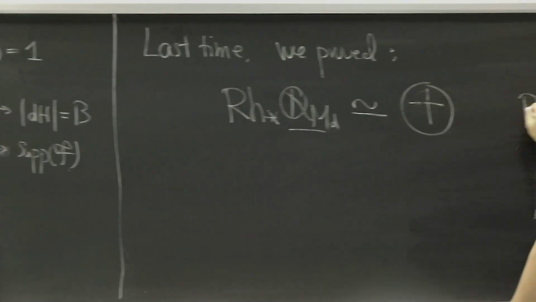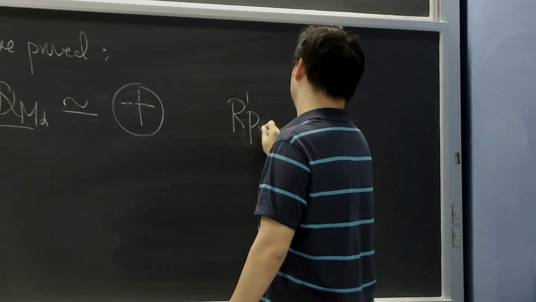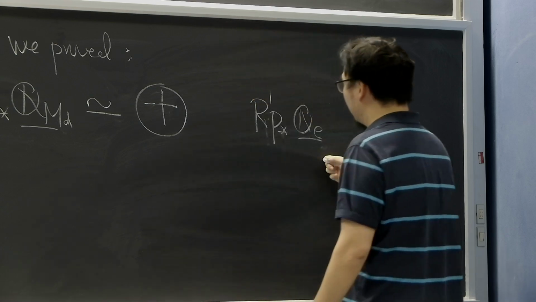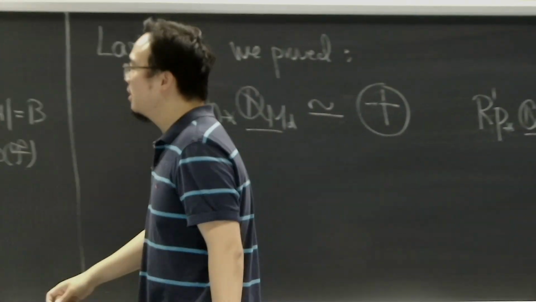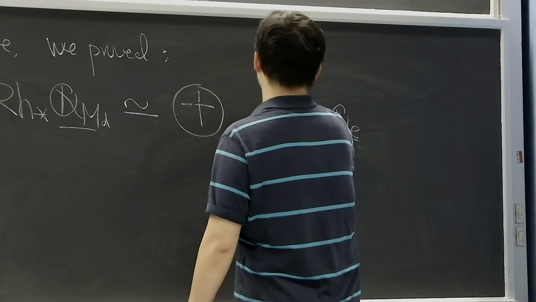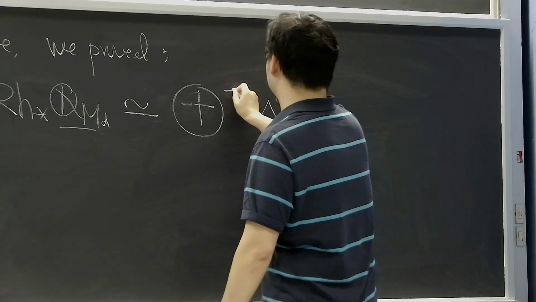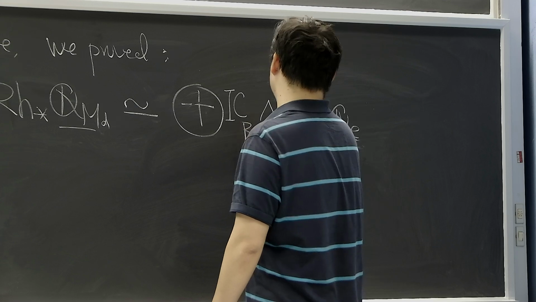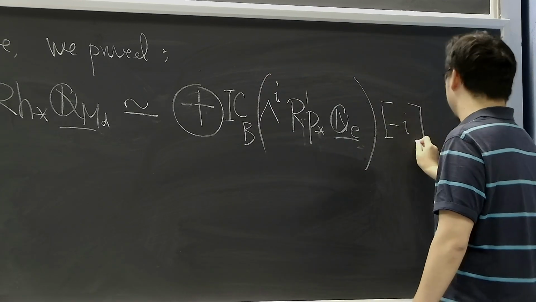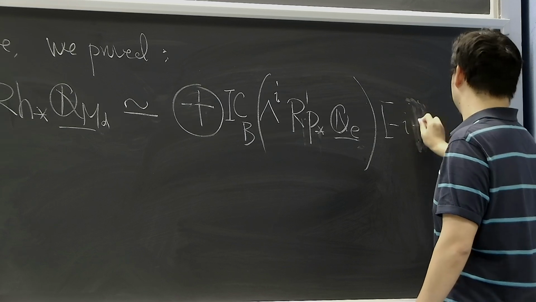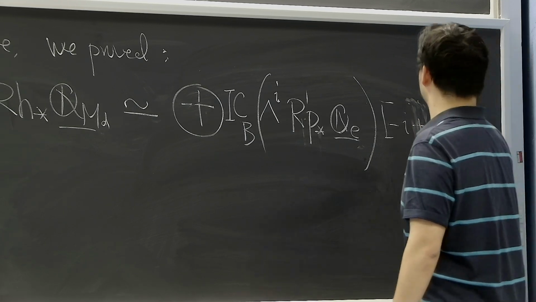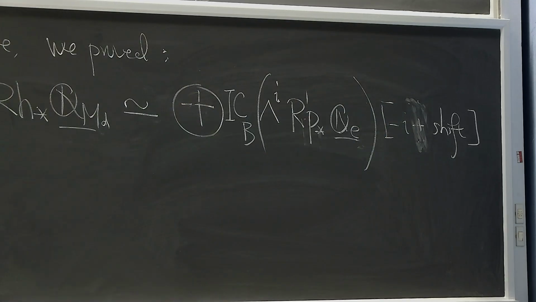You take R^1 p_* Q, a local system calculating relative H^1 for smooth curves. You take the wedge i, which calculates the H^i of the corresponding Jacobian, and you do the intermediate extension to the entire base. You shift things correctly, and there is also a global shift because of the perversity structures.